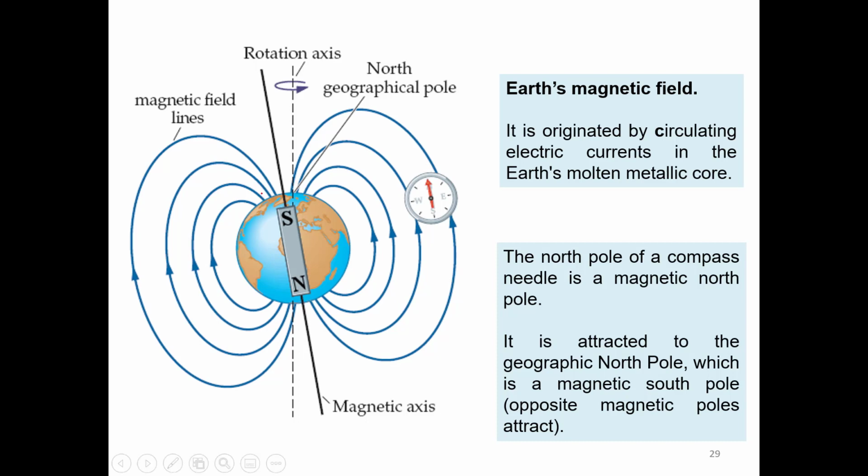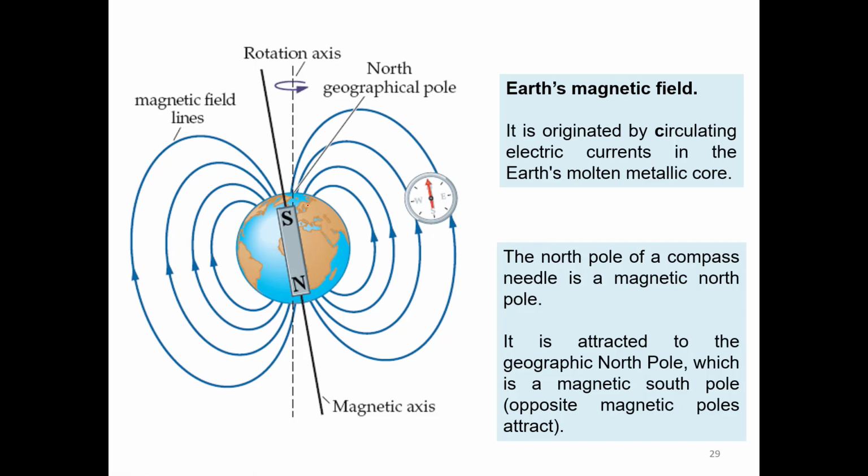We know this is the North geographical pole, and this is the South geographical pole. And what happens if we had a compass? The compass will point to the north in this direction, because this is the geographical north. But if this compass points to the north, it's because it's attracted by the South Pole.